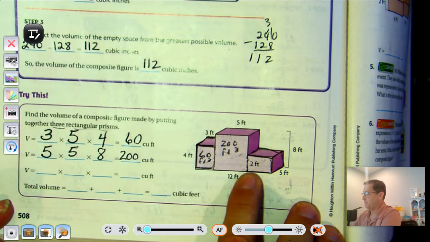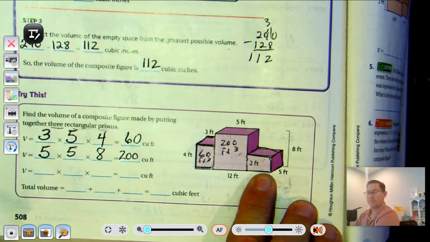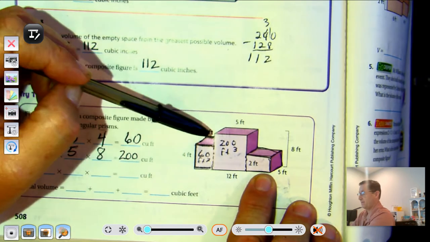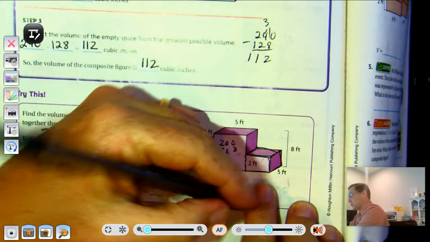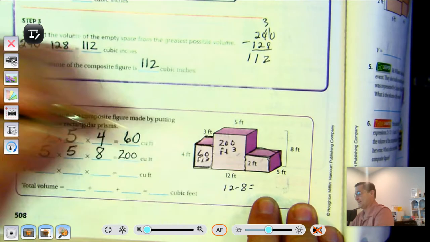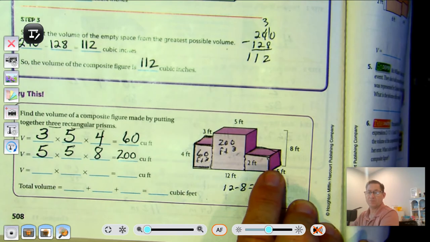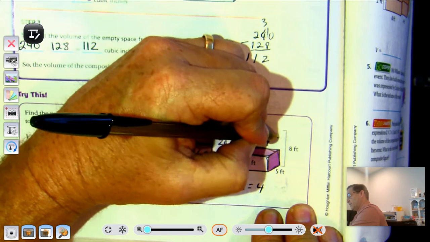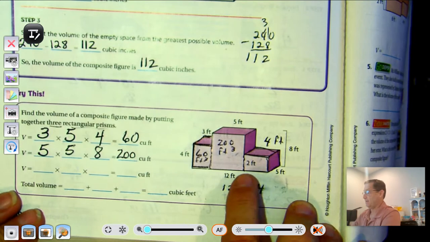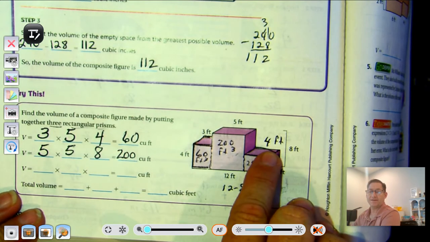All right, now we have the one on the right. So how long is this shape here? Well, they told me that this one was 5 and this one is 3. So that's a total of 8. So what's 12 minus 8? That's going to tell me what this one is. And 12 minus 8 is 4. So the length of this last one is just 4 feet.